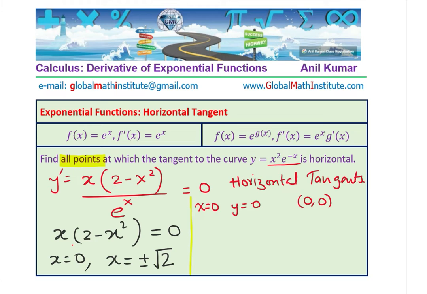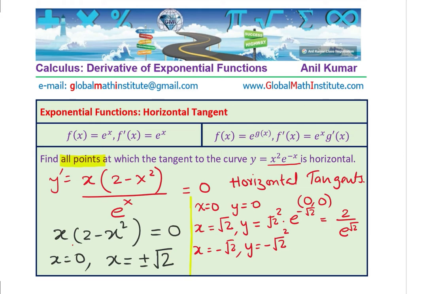Now, if I substitute x equals square root 2, in that case, y will be equal to what? So, square root 2 squared, right, times e to the power of minus square root 2, correct? Which is 2 over e to the power of square root 2, right? And if I write x equals minus square root 2, then I have y equals minus square root 2 squared, and both should be in the bracket.